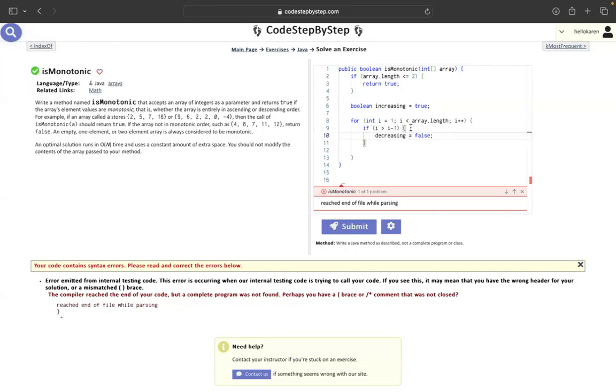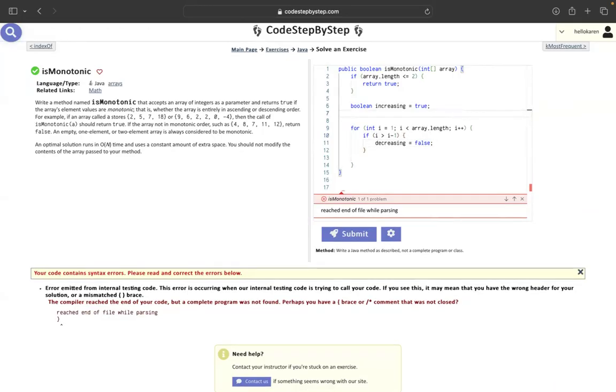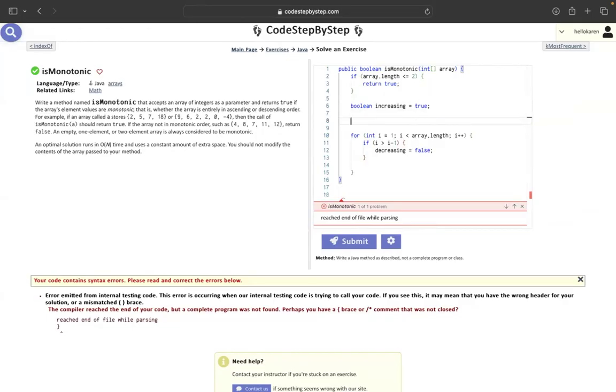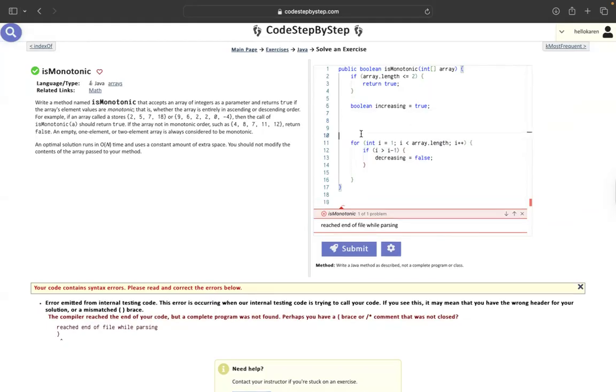So above your for loop, you should say if your second element is bigger than your first element, then increasing is true. Otherwise, increasing is false. So have this basically here.